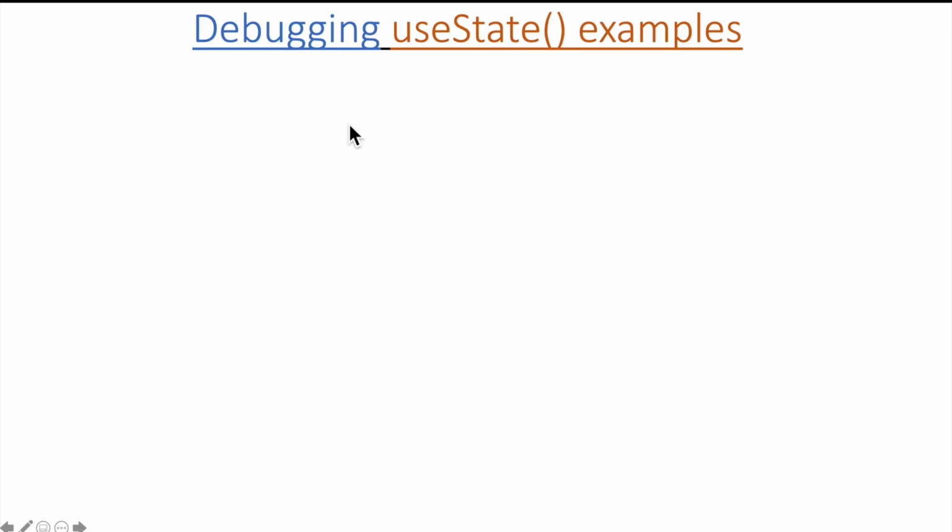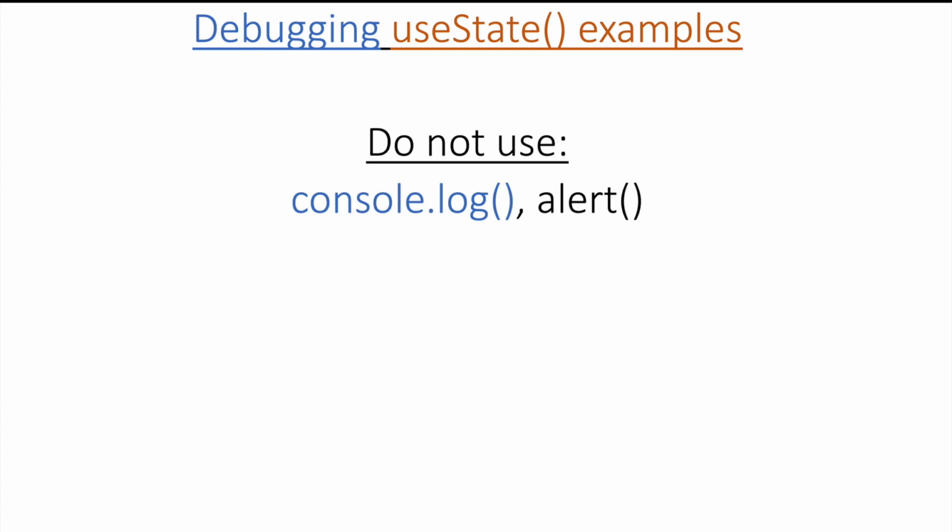Before we start our examples, I want to make a quick point about how to debug code when we use the useState React hook. Please make sure to not use console.log or alert for debugging useState examples. If you place console.log or alert statements after updating state variables, they will typically give the previous values, so it is better to avoid them to debug useState code.